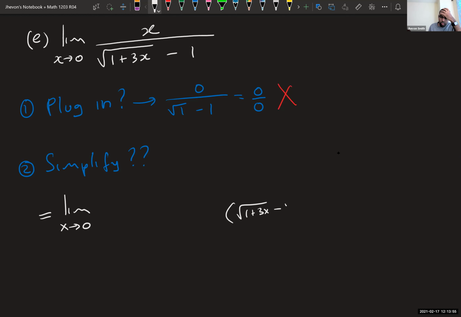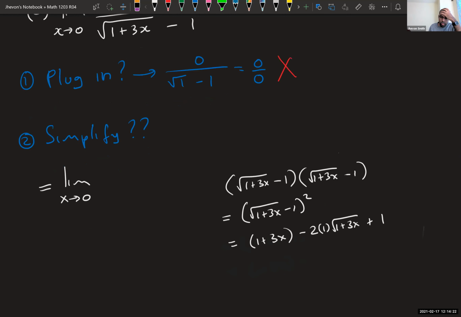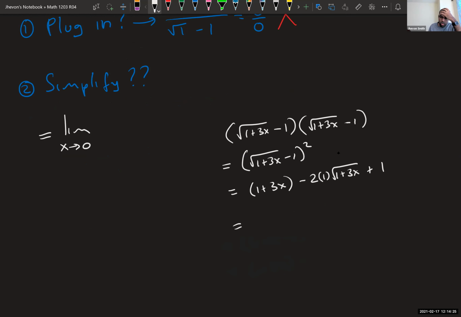So if I took this and multiplied by itself, what happens? You get a bigger radical. Yeah, but that's just this guy squared, right? Which we have a formula for. You square the first term, minus 2 times 1 times that term, plus you square the last term. So this is actually going to give you 2 plus 3x minus 2 times radical 1 plus 3x. Is that what you want? You'd rather deal with that denominator than the original?